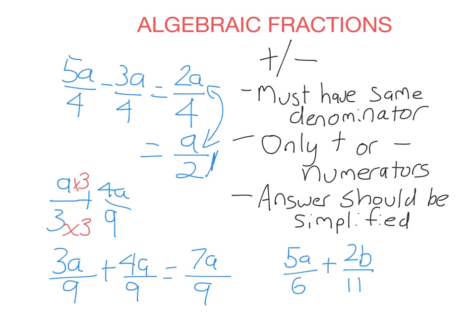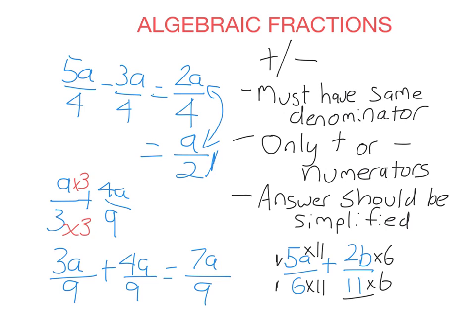But what I can do is multiply top and bottom of this fraction by the denominator of the other fraction. And similarly, I times top and bottom of this fraction by what's on the bottom of the other fraction. Now what this does is ensure that there is a common denominator.